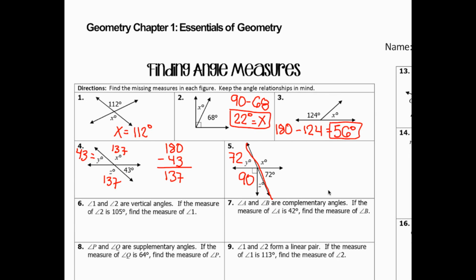So to figure that out, I would have to take 180 minus 90 minus 72, which is 18. So I know that's 18. And then the last thing I have to find is x. So to find x, I know that y and x form a line, so they have to add up to 180. So I just take 180 minus 72, which is going to be 108. So lots of steps there.